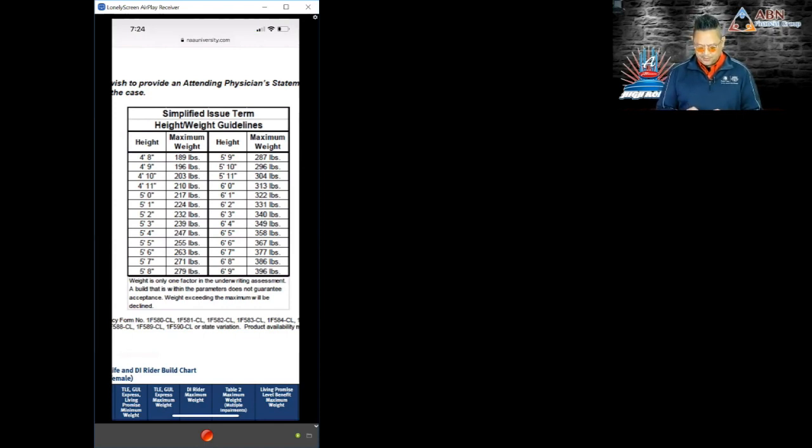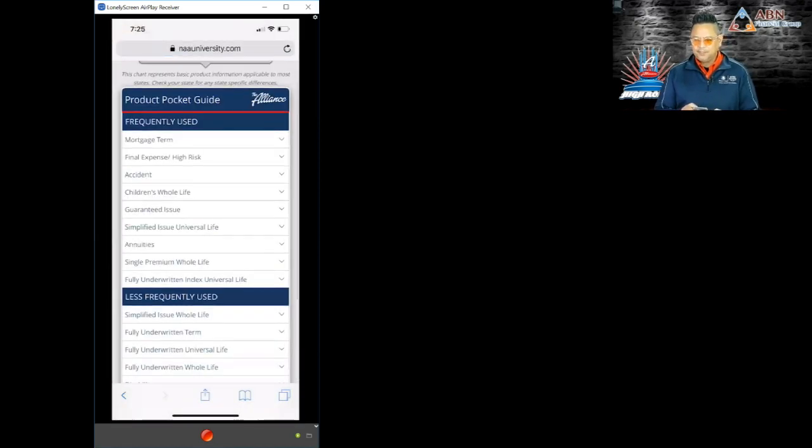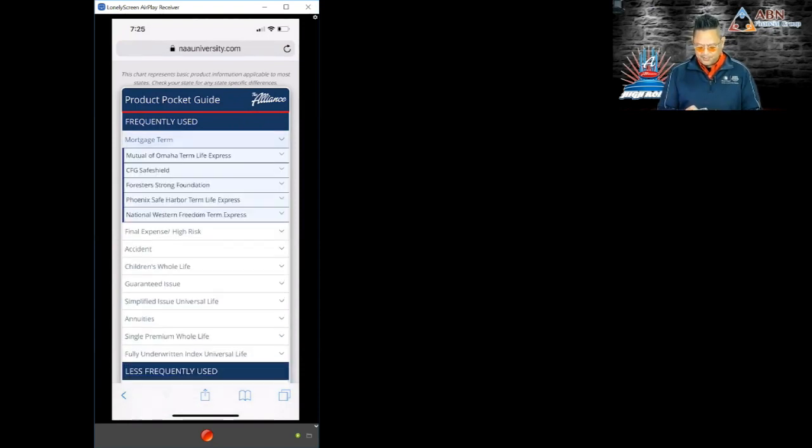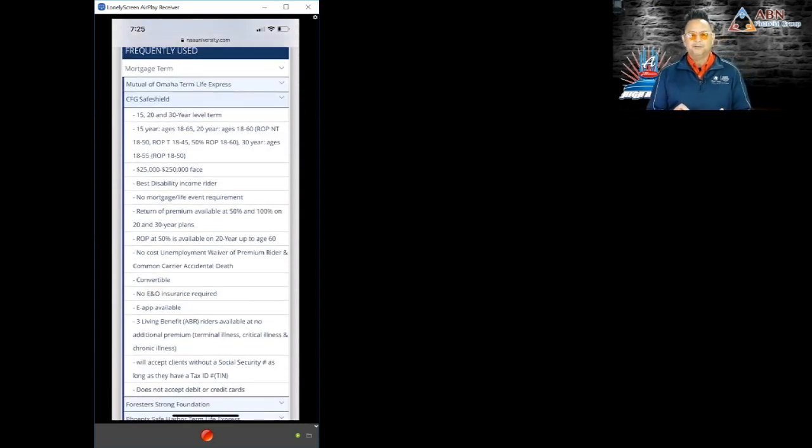Okay, so now that I see that their height and weight's good, then I want to know, hey, are they going to fit into the age? So I'm going to look at age and the amount of insurance they're looking for. I'm going to go to the product pocket guide, and since it's a mortgage term product, I'm going to open up mortgage term, CFG Safe Shield, and there it gives me the parameters of Safe Shield.